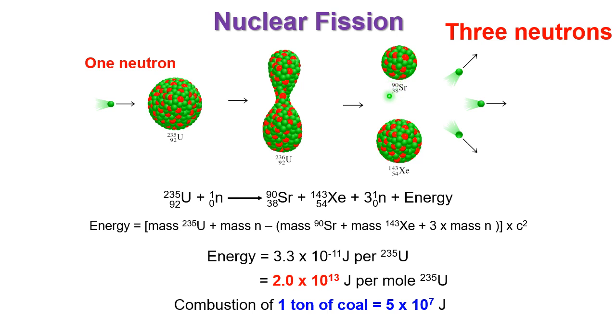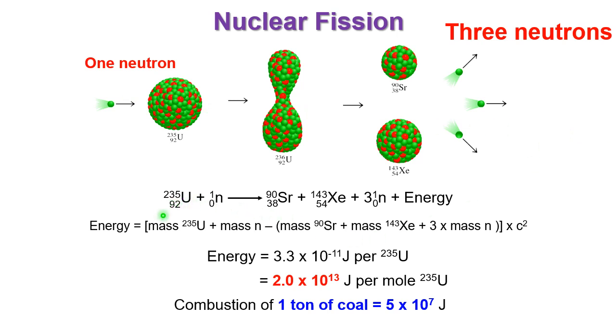For example, strontium-90 and xenon-143, two very common daughters. And as a result, we have three additional neutrons that can go further and continue this reaction.